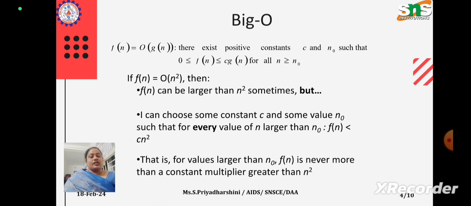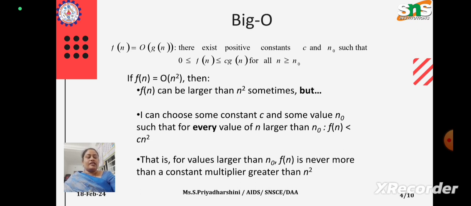And here c is a constant term which should always be greater than 0, and the input value n should be greater than or equal to k, and k should always be greater than or equal to 0. So here f of n is equal to order of g of n, and f of n is always less than or equal to c into g of n.